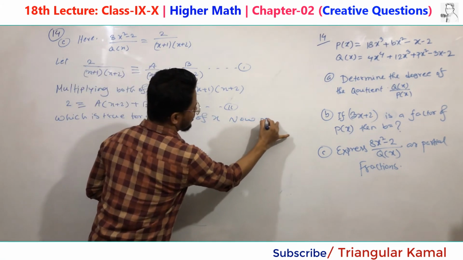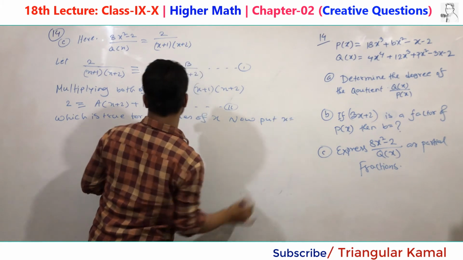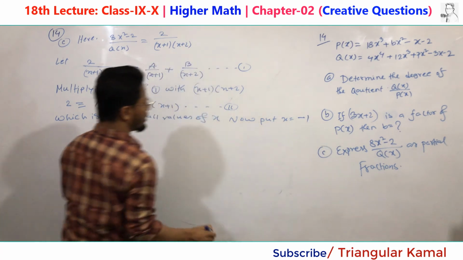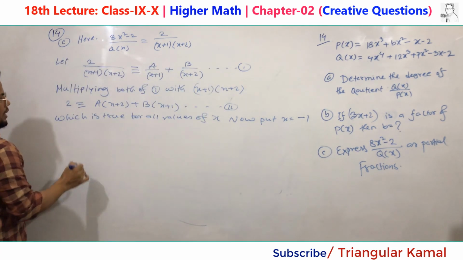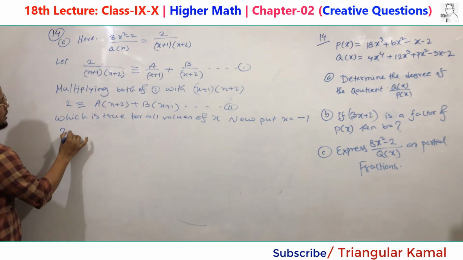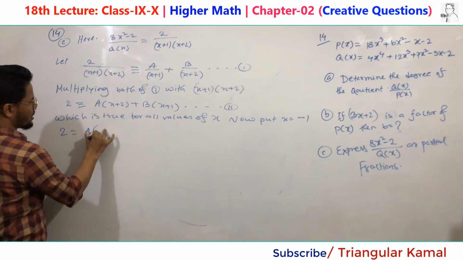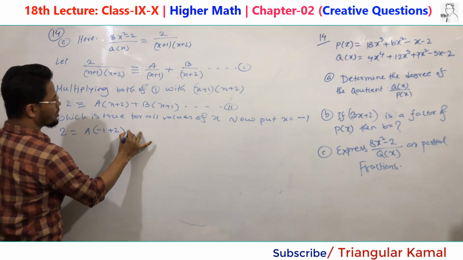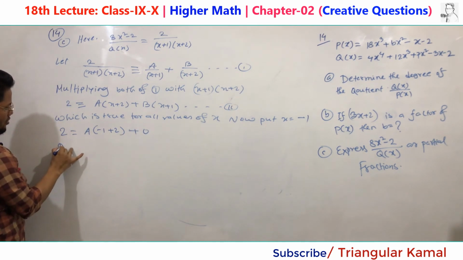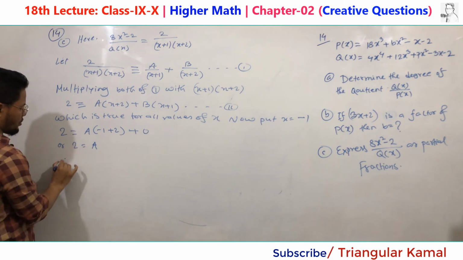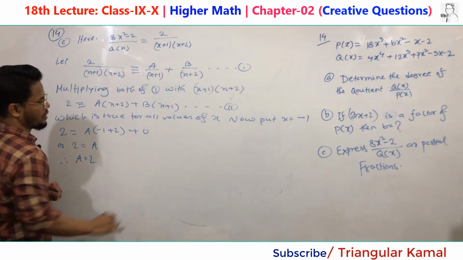Now put x equal, consider the first factor equal to 0, so x equals minus 1. Then x equals minus 1, you will get 2 equals a, considering minus 1 plus 2, there will be 0, or 2 equals a, finally a equals 2.